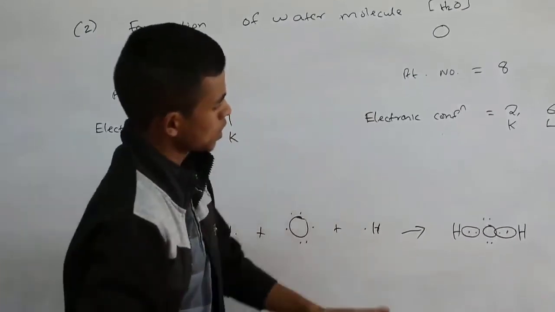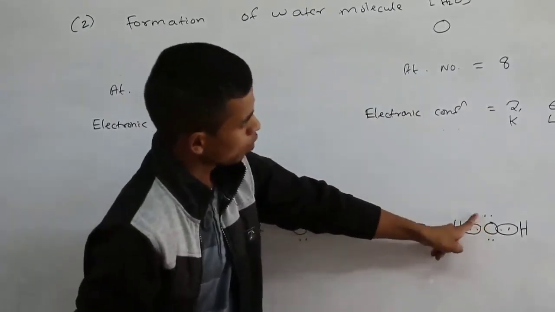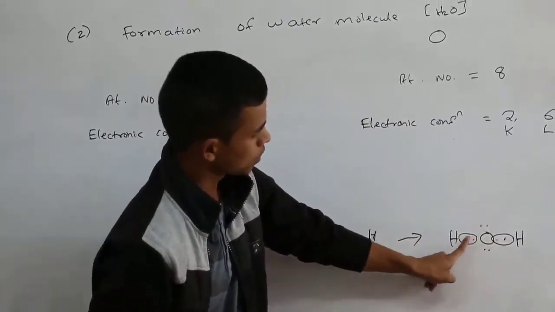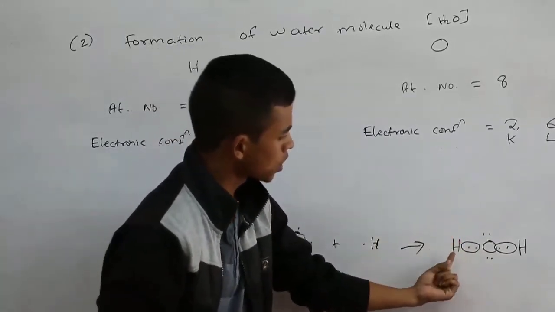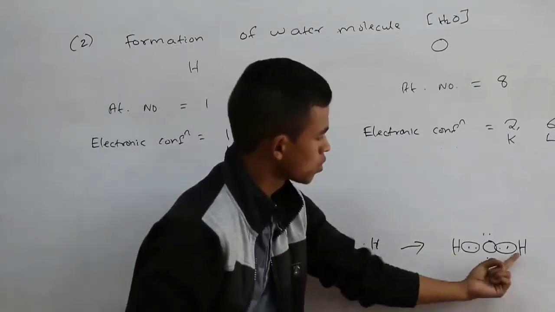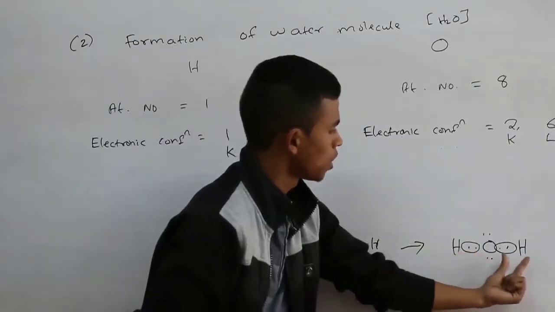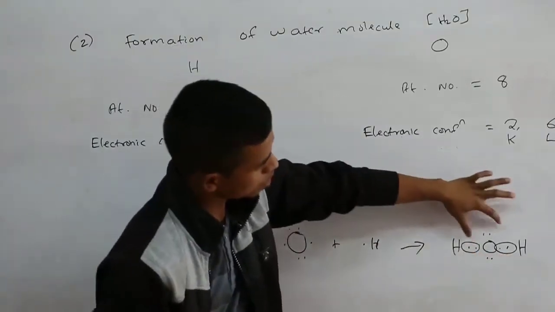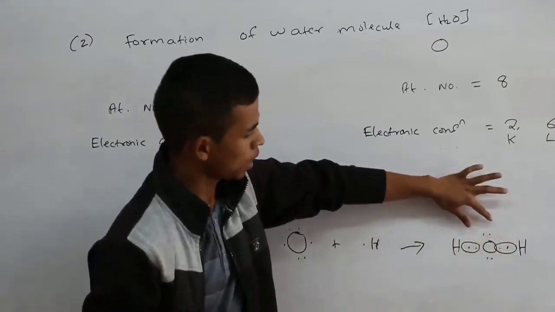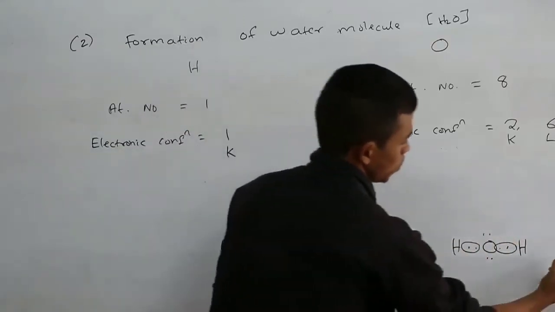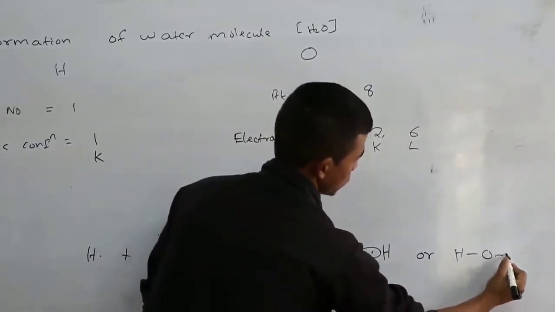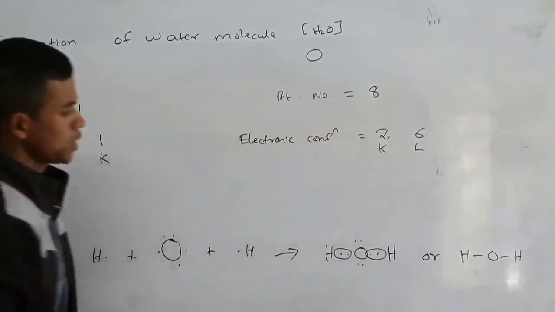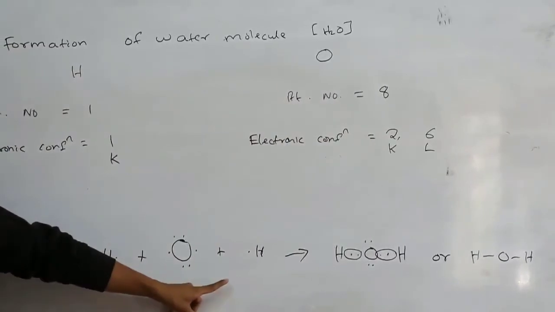So in this case, oxygen will have 1, 2, 3, 4, 5, 6, 7, 8, will have 8 electrons, and hydrogen also will have 2 electrons. So the duplet structure for hydrogen and the octet structure for oxygen are completed. So we can also represent this like this. This is how water molecule is formed.